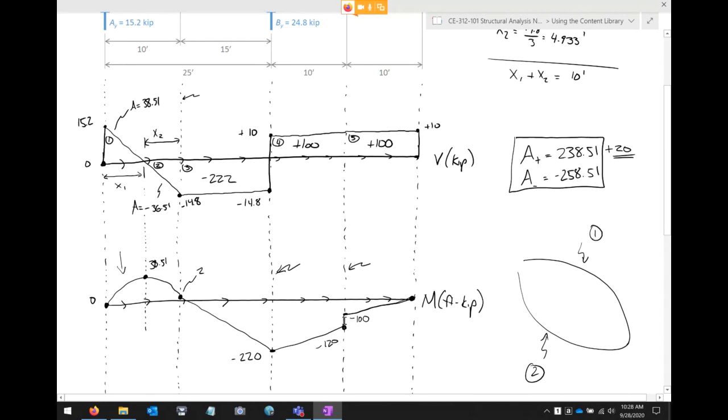Well, if we jumped down, if we went down and then went over, we wouldn't be anywhere close to zero. Does that make sense? So there's a couple ways of going about it. I think those are sort of the easiest ways.